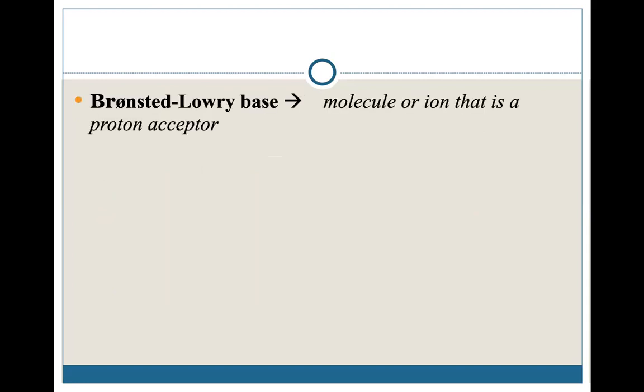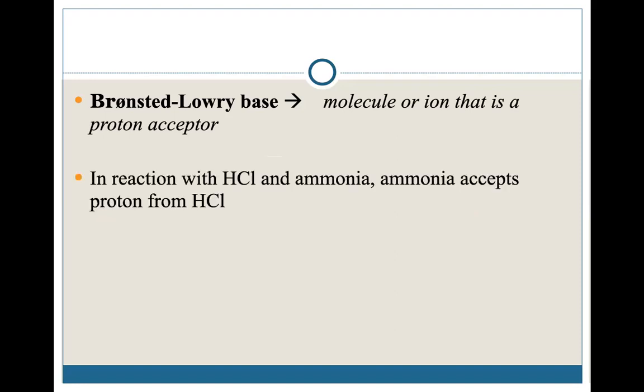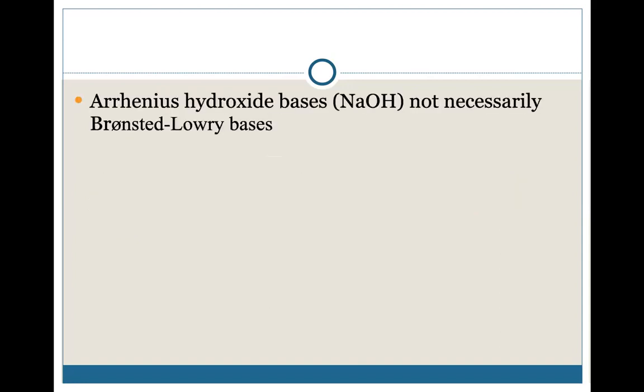So again, Bronsted-Lowry base is a proton acceptor. And again, with the reaction with hydrogen chloride, the ammonia accepted the proton from HCl, so it is a Bronsted-Lowry base. And this is why in the Bronsted-Lowry definition, you always have to have an acid and a base because it's a transfer.